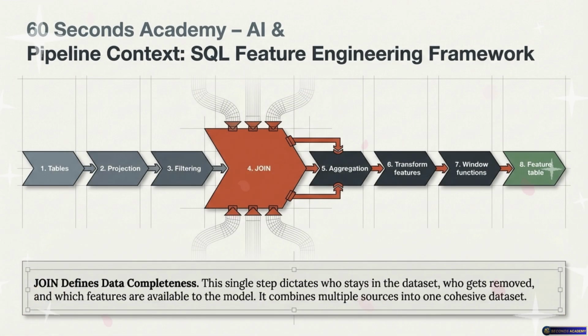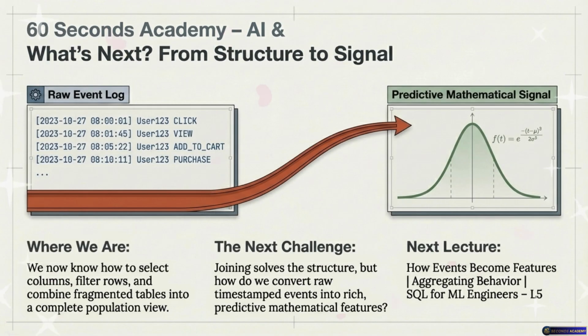Now you know how to select columns, filter rows, and combine tables without destroying your dataset in the process. But the next logical hurdle is the aggregation step itself. We briefly touched on summing up purchase amounts, but behavior is vastly more complex than just a dollar total. Oh, definitely. How do you capture the nuance of a user's journey? In our next lecture, we will cover how events become features: aggregating behavior, SQL for ML Engineers L5.